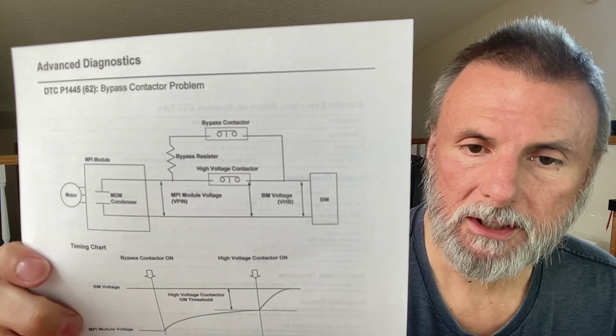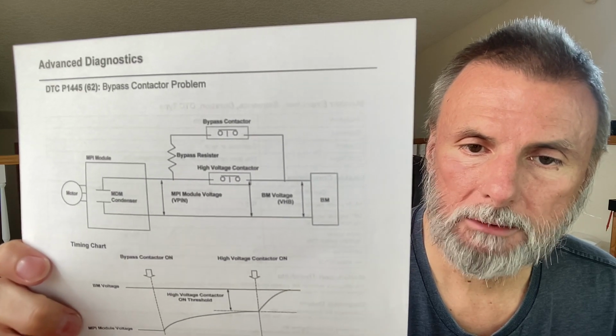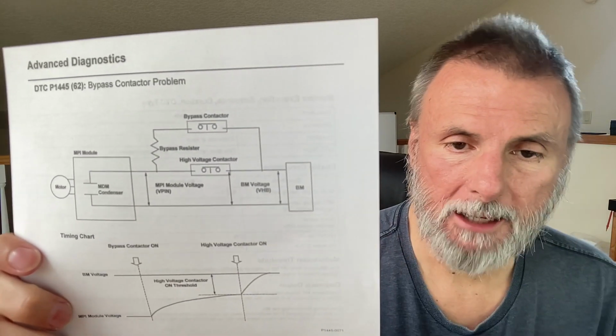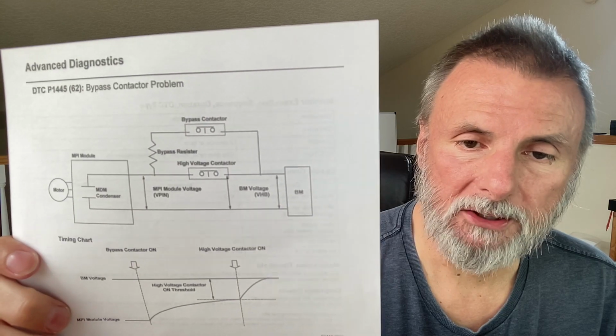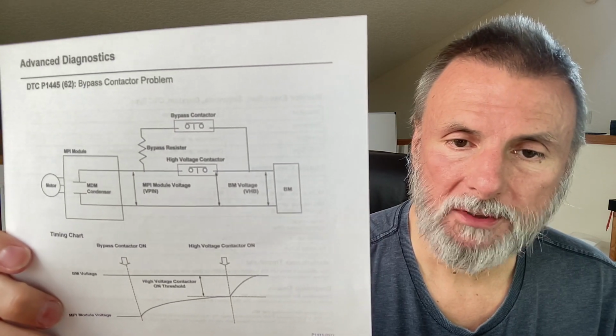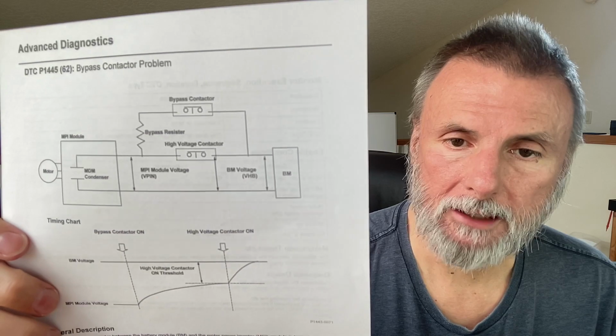You'll notice the 62 there. Bypass contactor problem. And that was the same error code that was identified by the scan. So that's an issue that I'm going to have to try to track down.